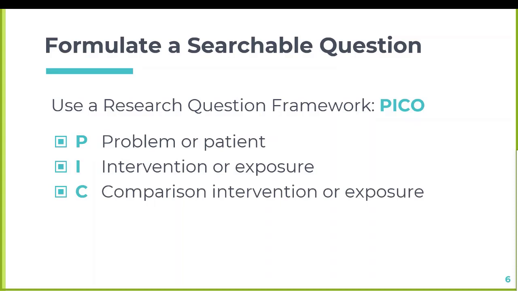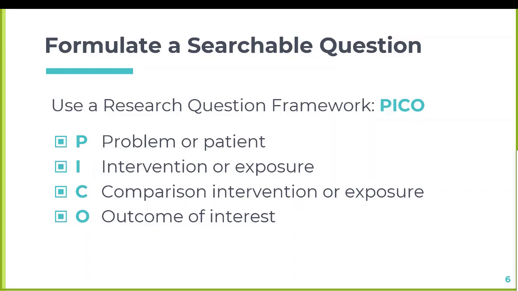The C is, what is the alternative to compare the intervention or exposure? The O is, what can I hope to accomplish, measure, improve, or affect? So the outcome of interest. And this is the framework here, so you're kind of trying to decide each one.